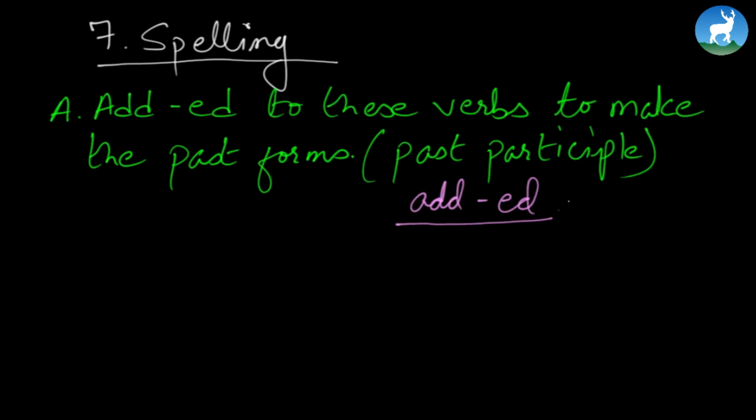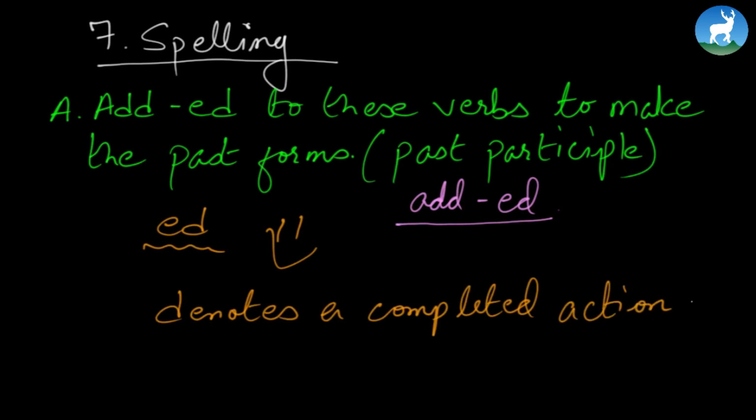Now remember, whenever you add ed, the past participle, it always denotes a completed action. There you go. So let's look at the exercises now. We have here want plus ed is equal to wanted.